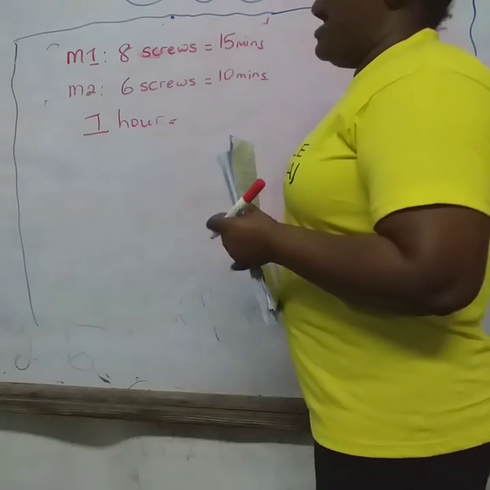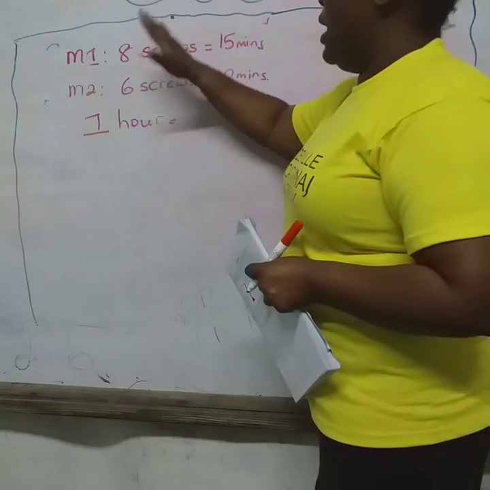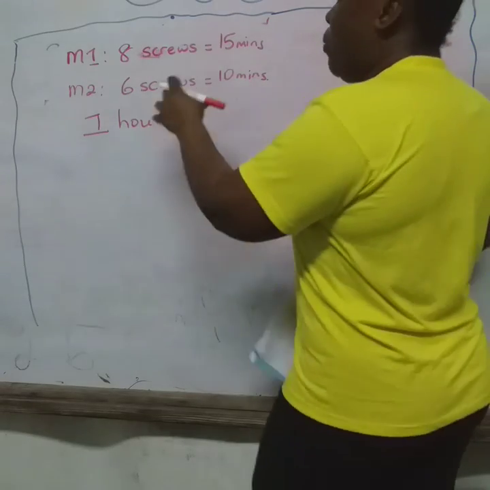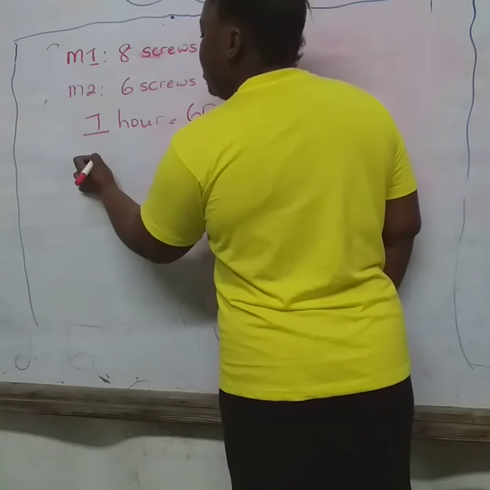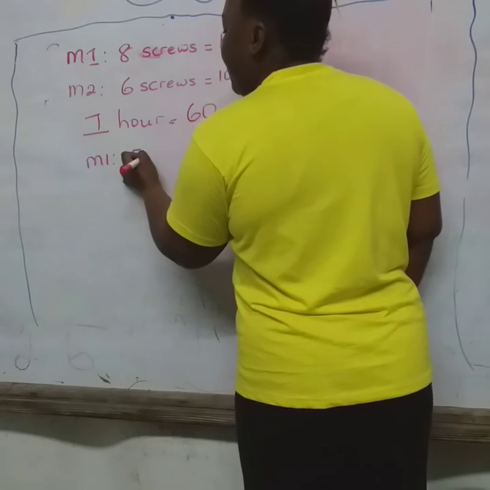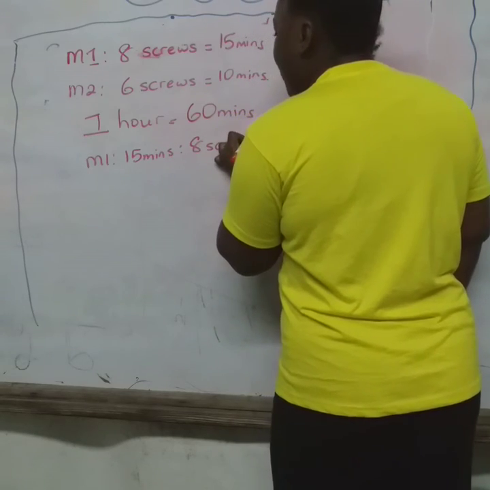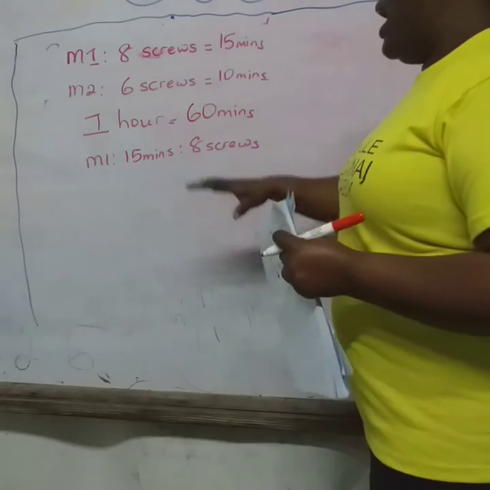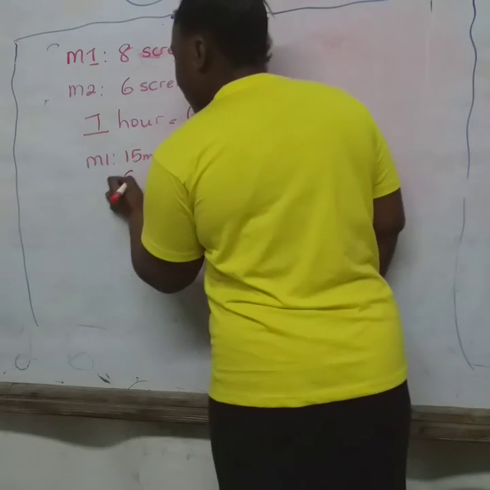So they want to know which machine is producing the most screws in 1 hour. Now, I'm going to change 1 hour into minutes, because if you look at it, the rates are given in minutes. So 1 hour is 60 minutes, right? So machine 1, in 15 minutes, you are able to get 8 screws. So what we need to determine is how many 15 minutes we can get in 60 minutes.